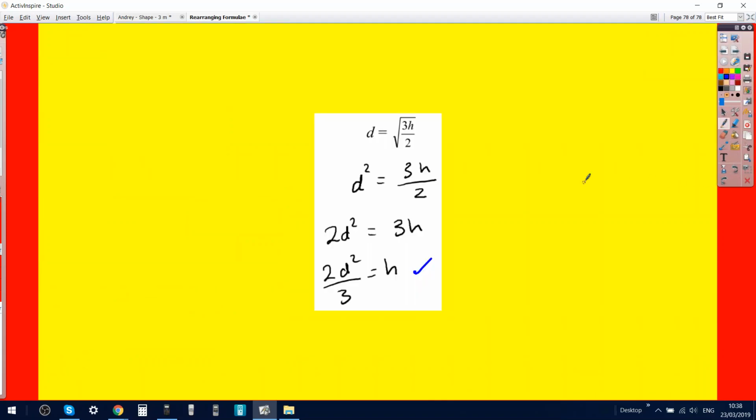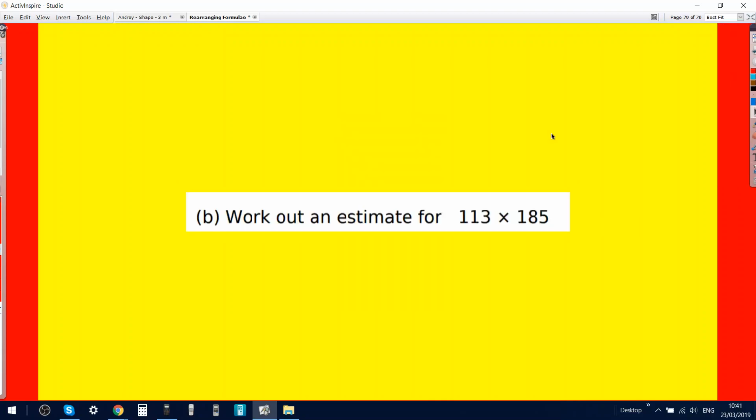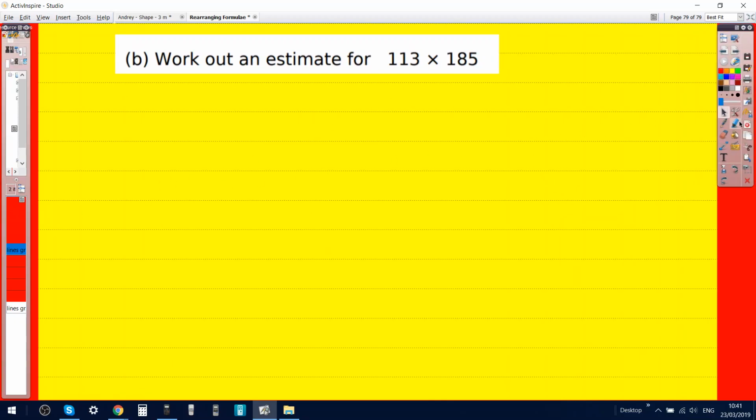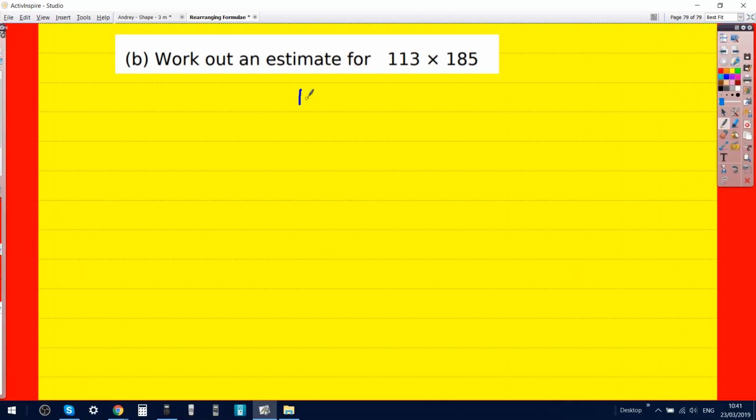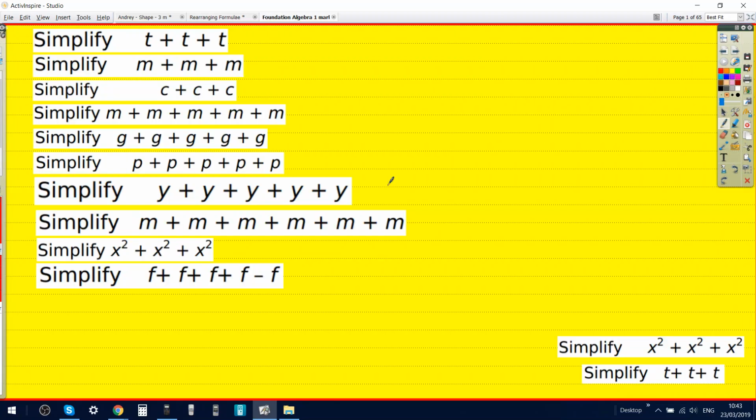Is it 100 times 200? Correct. So you just do these. First one, is it t cubed? No, sorry, 3t.